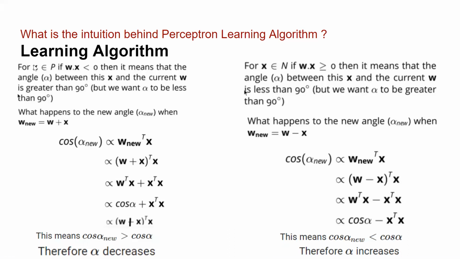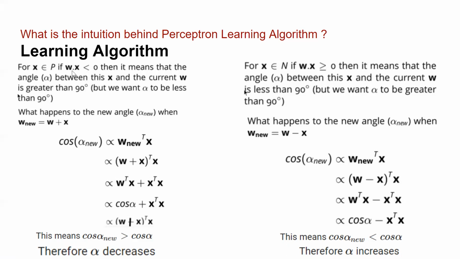Okay. Now let us take the first case, when I have randomly chosen a point whose actual target value is 1, but my model says that it has to be 0. That means actually I am looking for the acute angle.